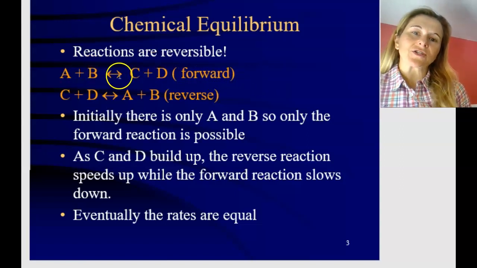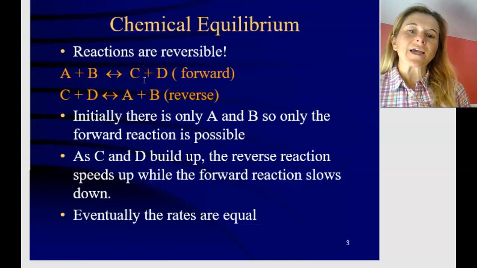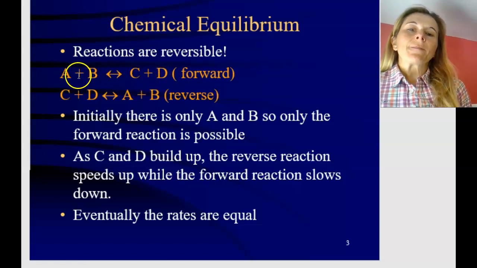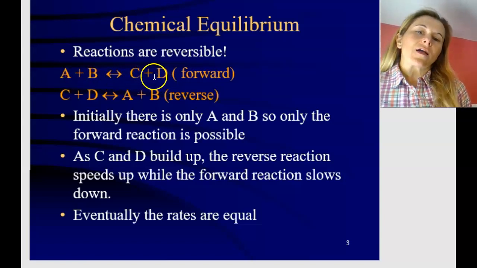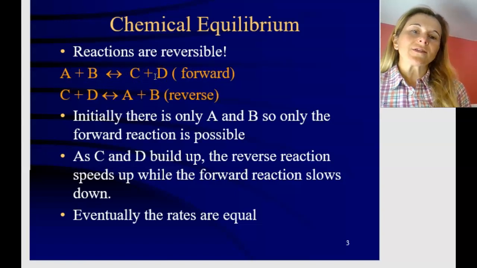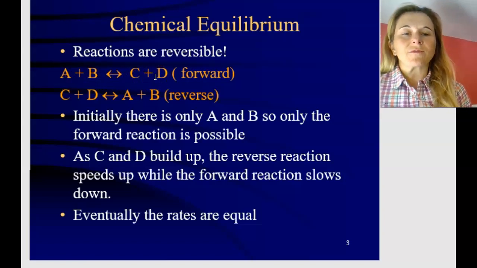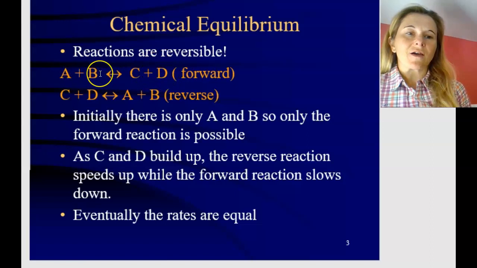And as the reaction goes towards making products, there is a buildup of products, and in this example, C and D. So as it's going along and making products, the forward reaction slows down because we're building up products and we're reducing our reactants.